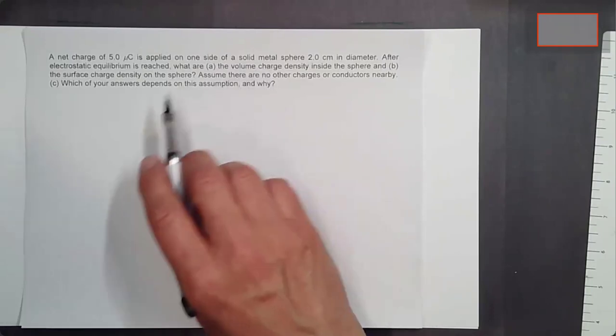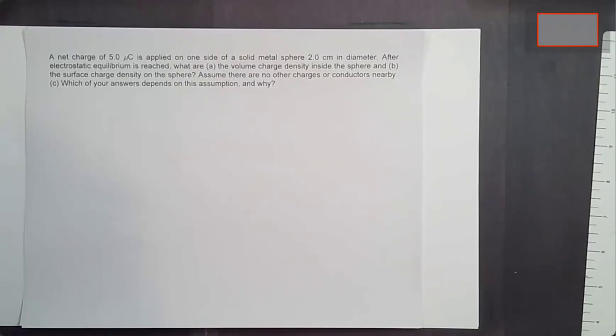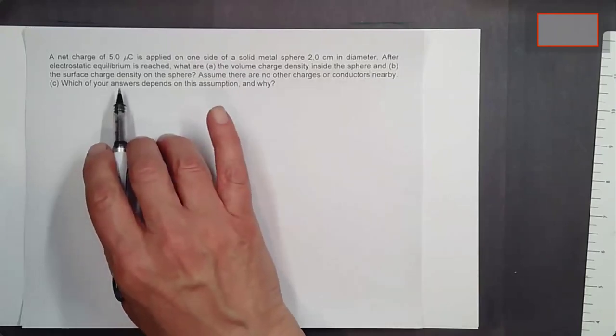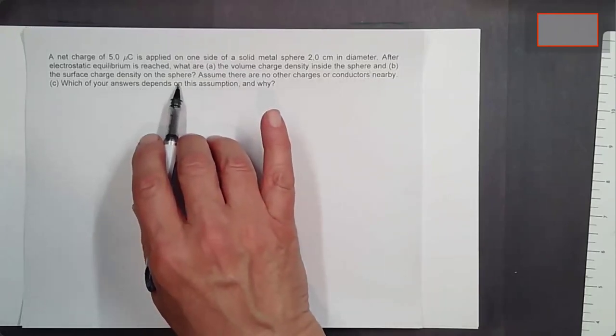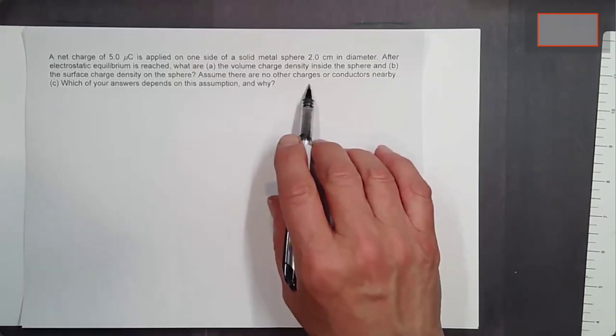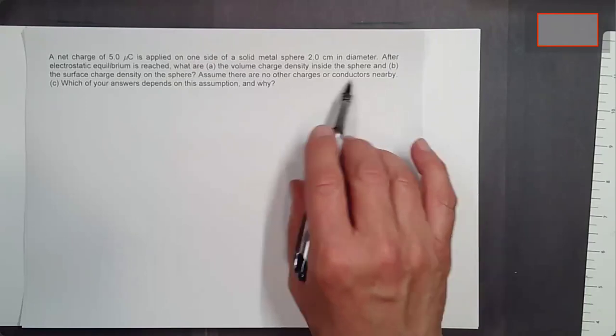And after electrostatic equilibrium is reached, what are A, the volume charge density inside the sphere, and B, the surface charge density on the sphere? And this says, assume there are no other charges or conductors nearby.